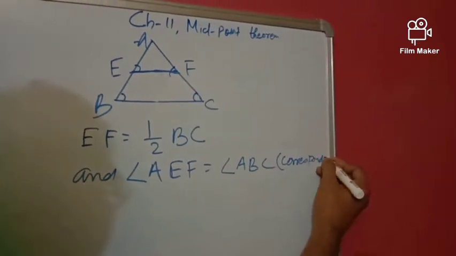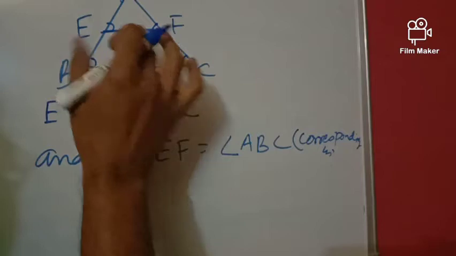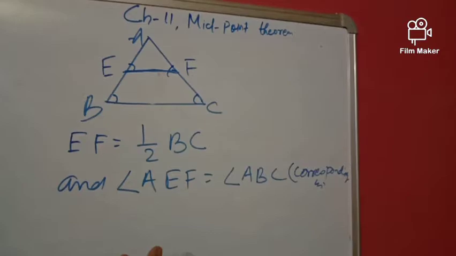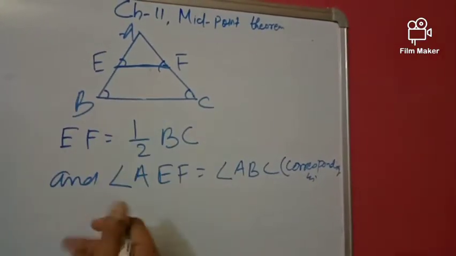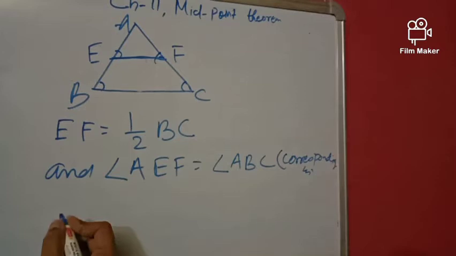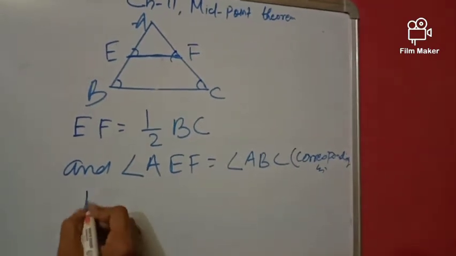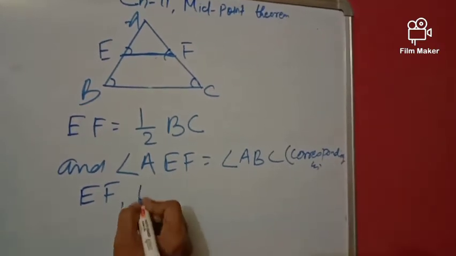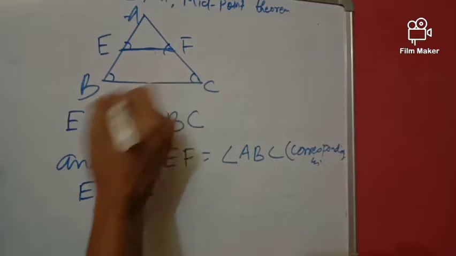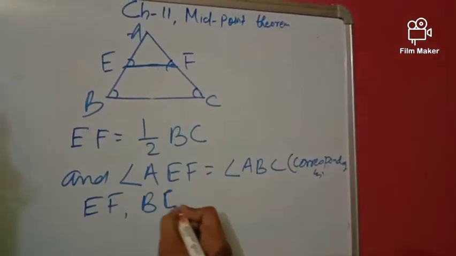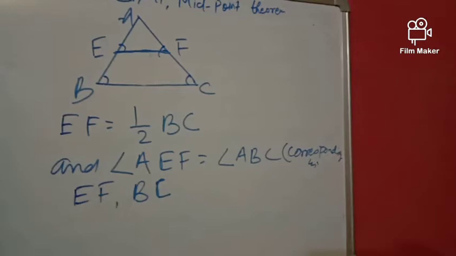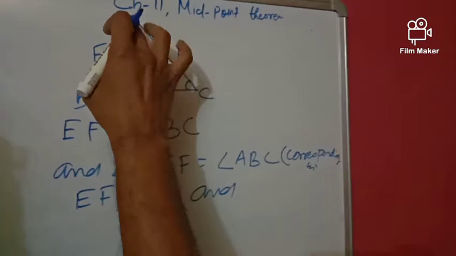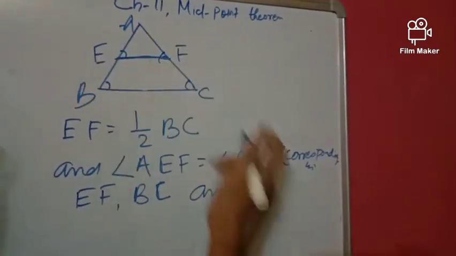Corresponding angles are equal. Now, corresponding angles form in this triangle. Therefore, EF and BC are formed on EF and BC lines, and AC or AB. Here I'm just going to discuss this part only.